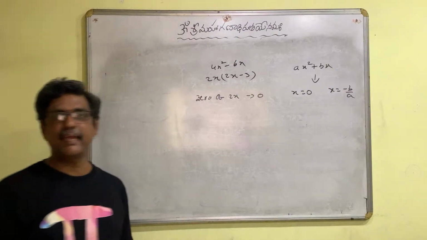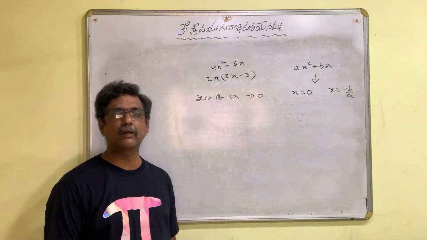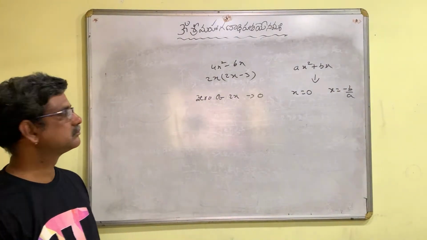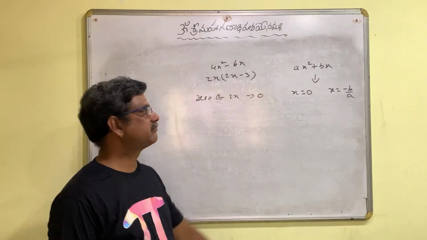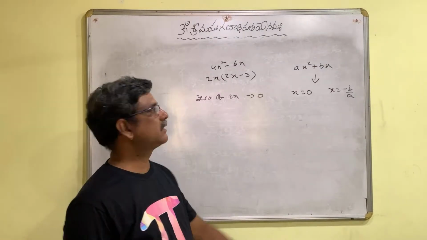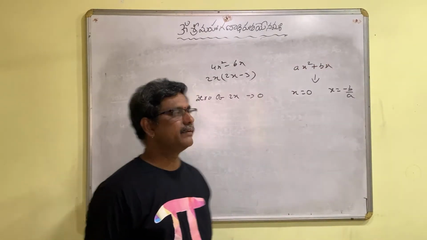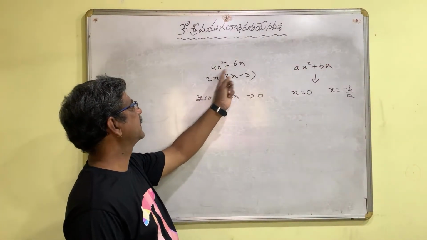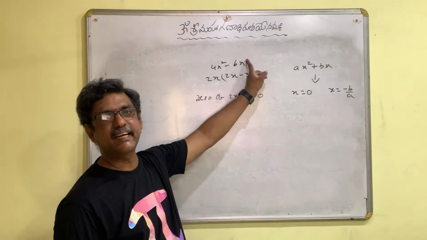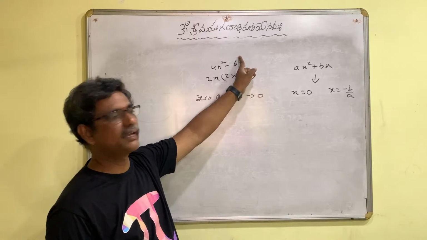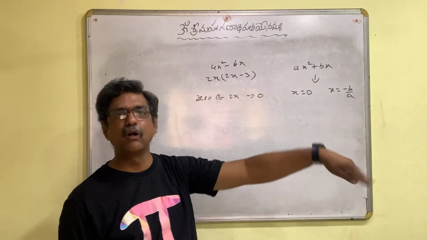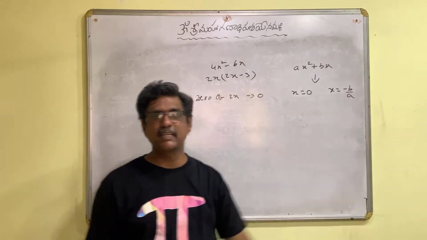I told you already when explaining this. Polynomials of this form are those where the constant is not there. We can observe that in the given polynomial there is no constant term. So for such polynomials, one zero is 0 only and the other zero is minus b by a.